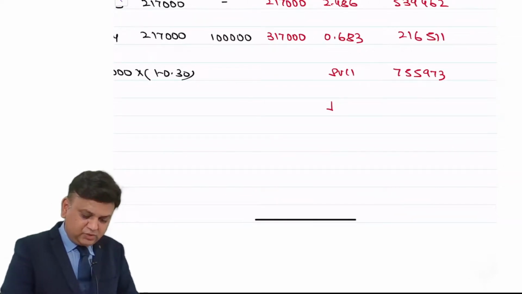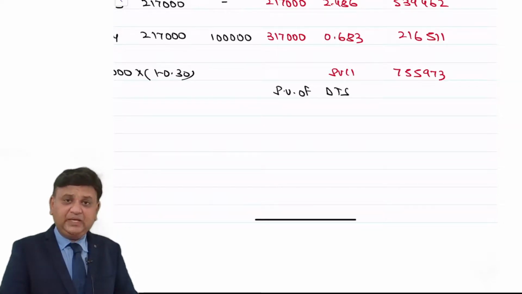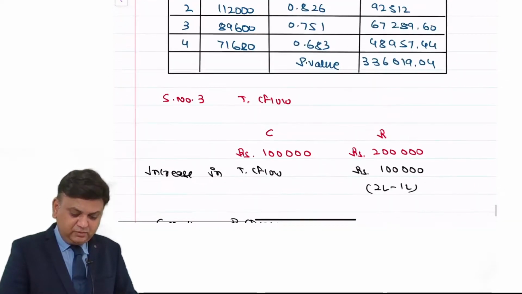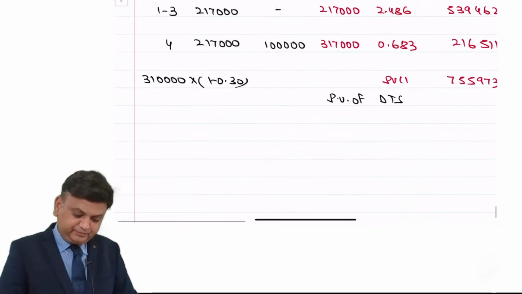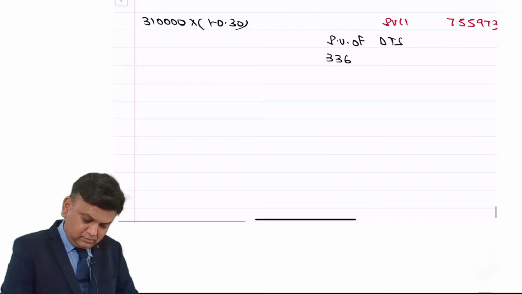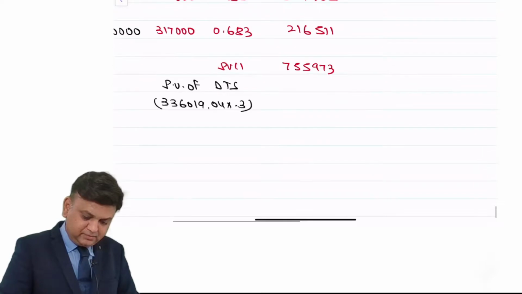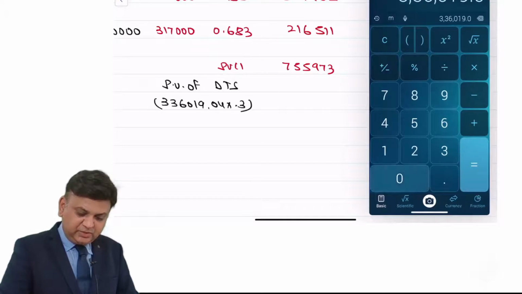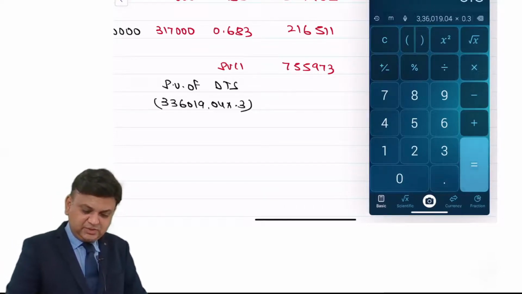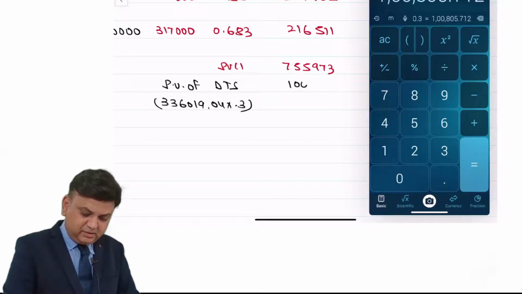Now what we will do, dear students, we will add over here the present value of depreciation tax saving. Yes, that is a new point for all of you. I explain that to you. 3,36,019.04 into tax rate of 30% is 1,00,805.71.